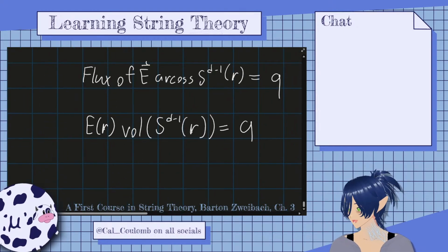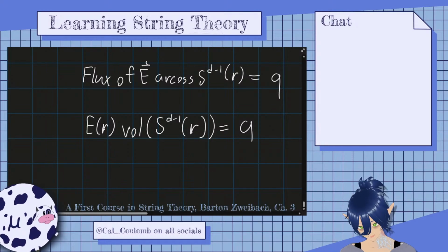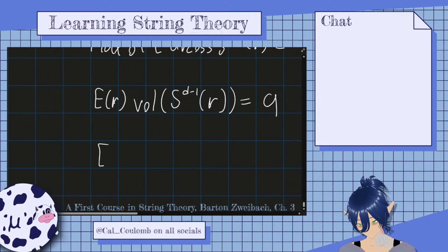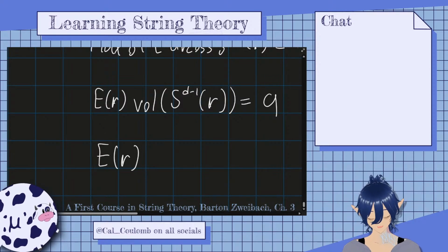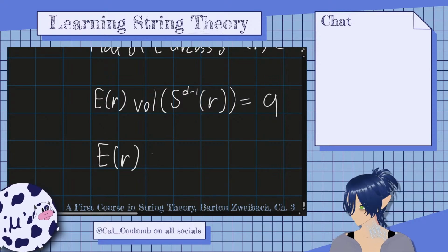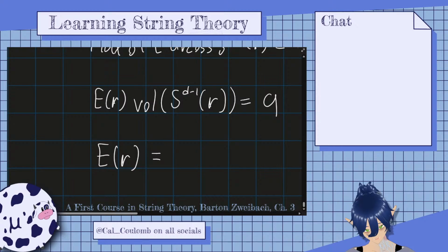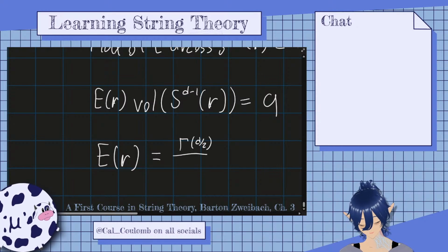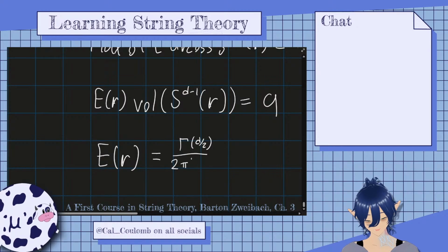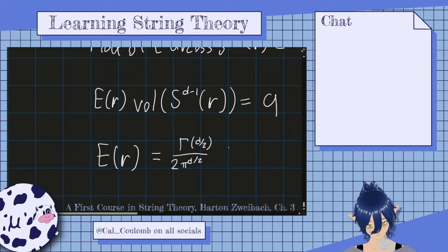And then making use of the volume expressions that we found before, we find that the electric field as a function of the radius away from the point charge is going to be gamma of d over 2, divided by 2 pi to the d over 2, times q over r to the d minus 1.